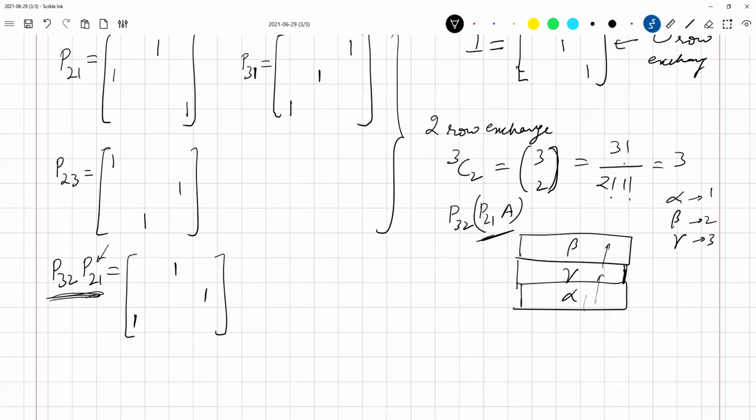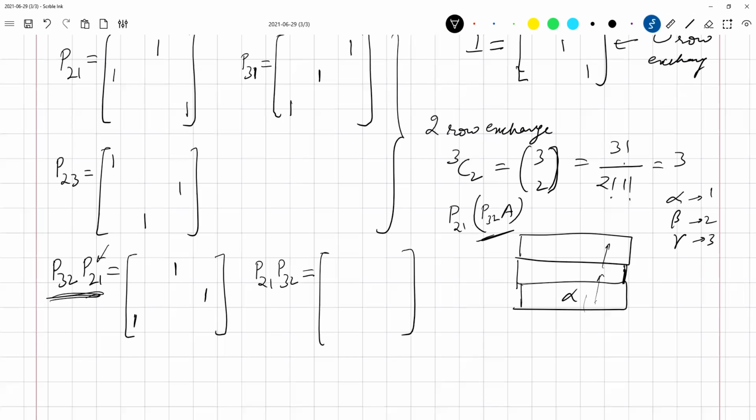Okay. Then finally we have one more possibility, which is P21 into P32. If we do the opposite of what we just did, what is going to happen in this case? So now we do P32 first, and then we do P21.